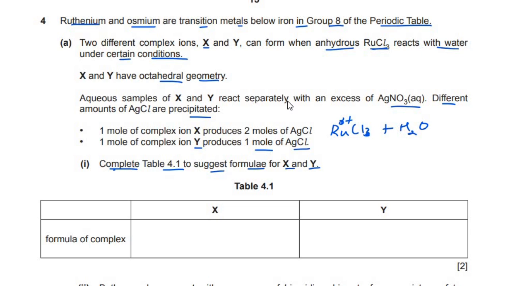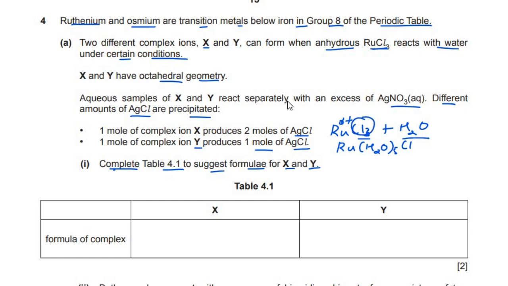Out of those 6 ligands, how many are water and how many are chlorine, that we have to decide. Now if it's reacted with silver nitrate, 1 mole of complex ion X produces 2 moles of AgCl. 2 moles of AgCl, in the sense we need to understand that the complex should be octahedral, so 6 ligands. Out of that H2O should be 5 and 1 should be chlorine.